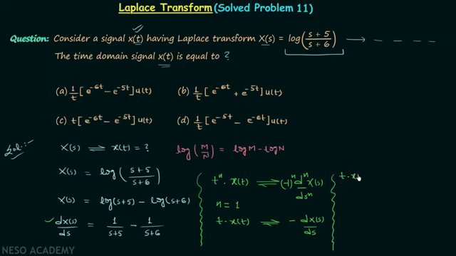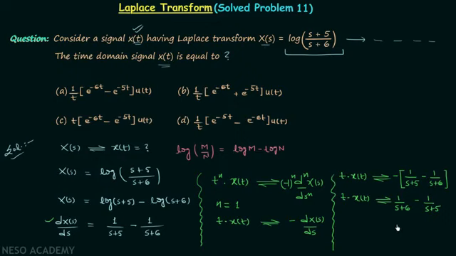This will give us the Laplace transform of t x(t) equal to minus inside the bracket 1/(s+5) minus 1/(s+6). In the next step I will take this negative sign inside the bracket. So the Laplace transform of t x(t) will become 1/(s+6) minus 1/(s+5).